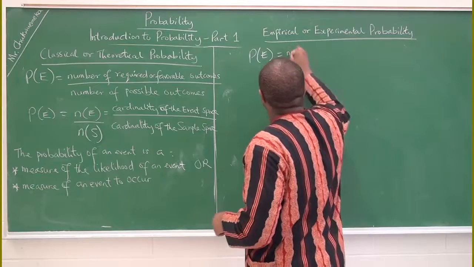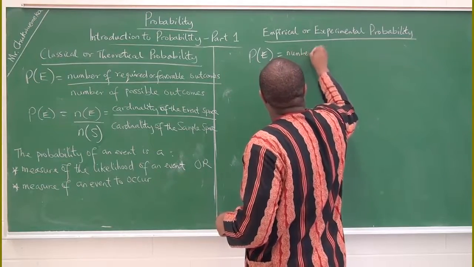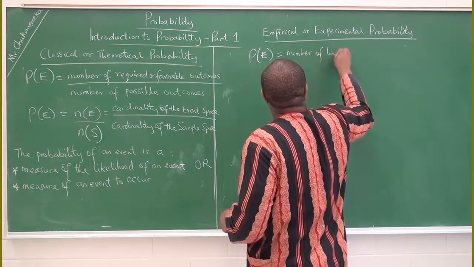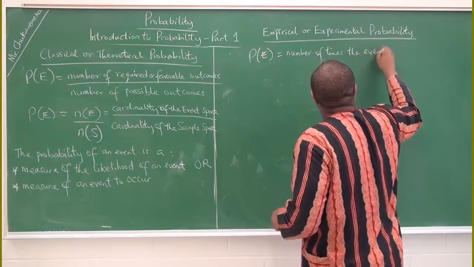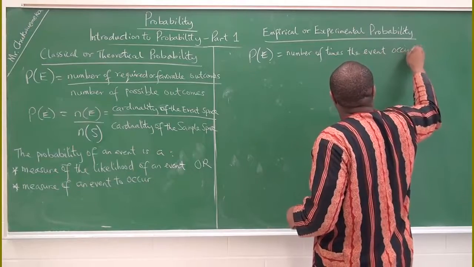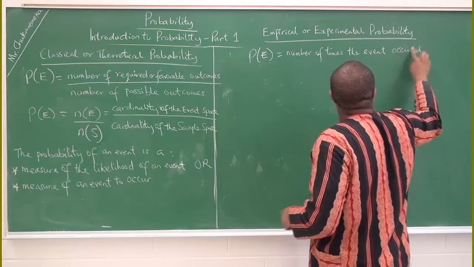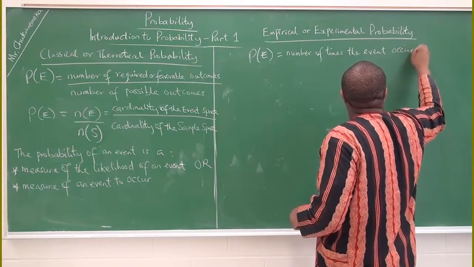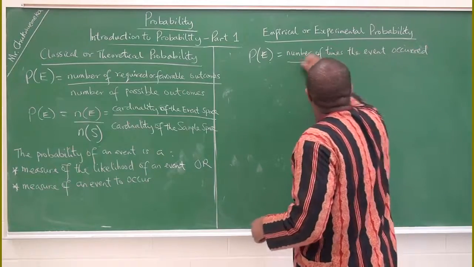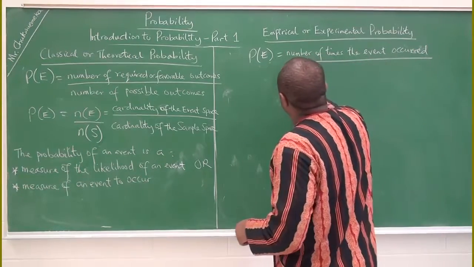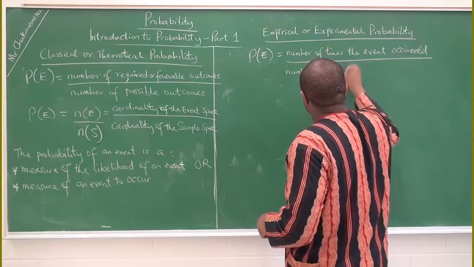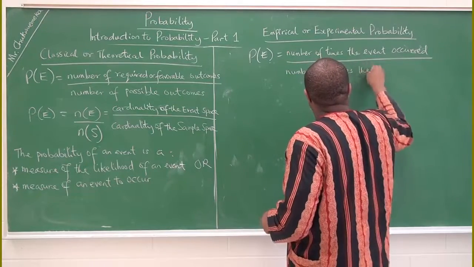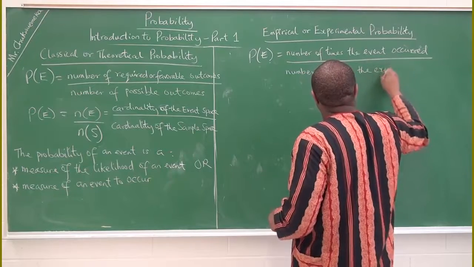So the probability of the event will be the number of times the event occurred, all over the number of times the experiment was performed.